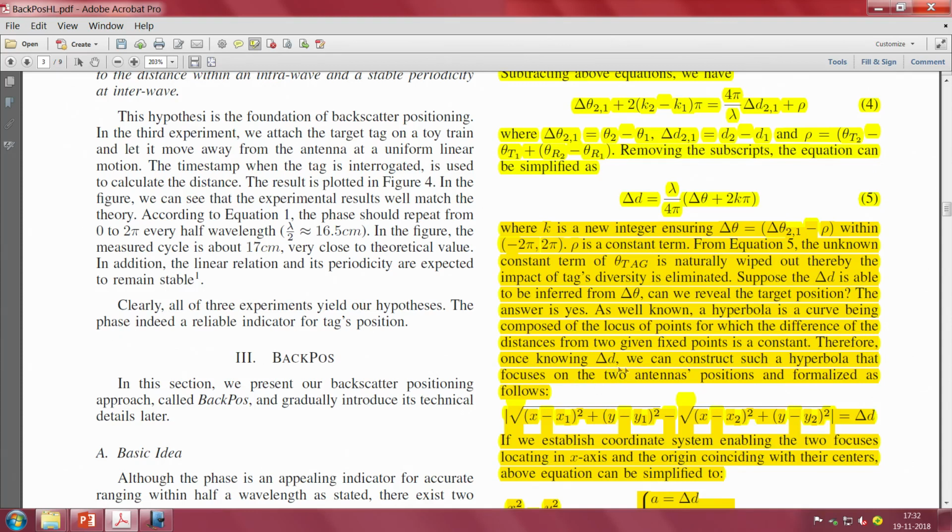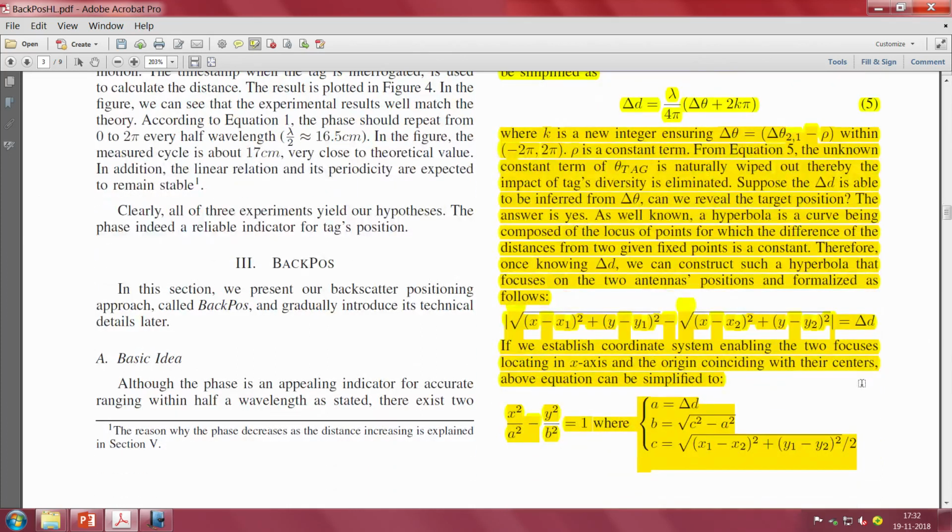Once you know delta d, we can construct such a hyperbola that focuses on two antenna positions, and you can nicely formalize this as this simple expression which is delta d. X and y are the tag's location, x1 y1 is the first position of the antenna, x2 y2 is the second position of the antenna. From there you will be able to estimate this delta d. Now the hyperbola equation is quite simple. You can see x square by a square minus y square by b square.